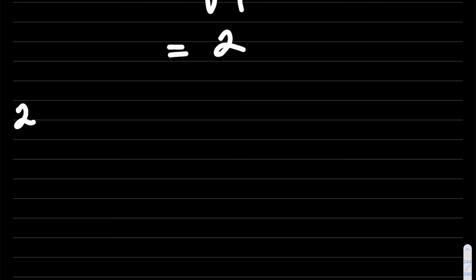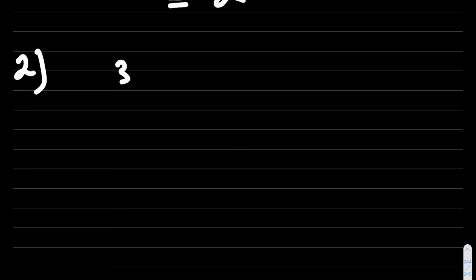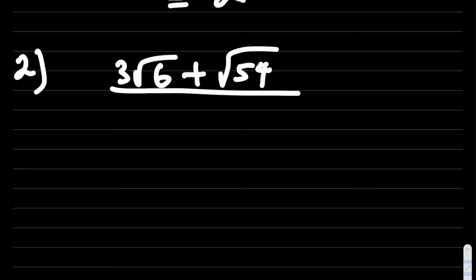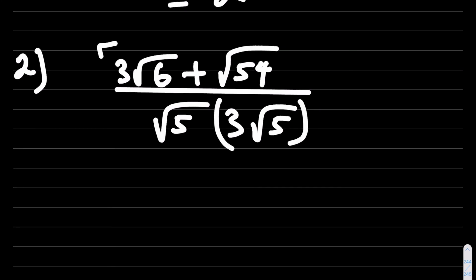That's number 2. Simplify 3 root 6 plus root 54 all over root 5 into brackets 3 root 5, and the whole of that raised to power minus 1.